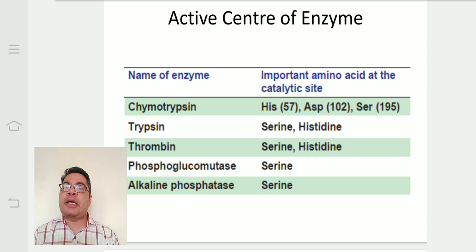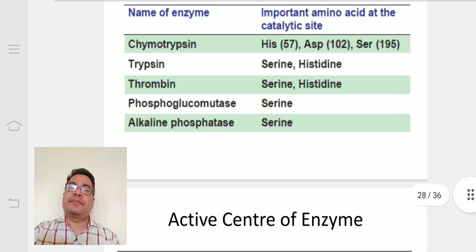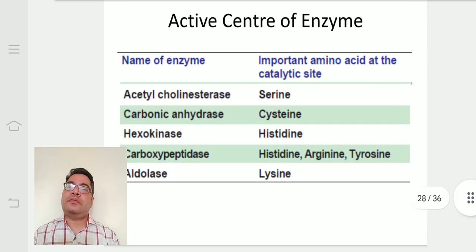For acetylcholine esterase, there is serine. For carbonic anhydrase, there is cysteine. For hexokinase, there is histidine. For carboxypeptidase, histidine, arginine, and tyrosine are present. For aldolase, lysine is present.